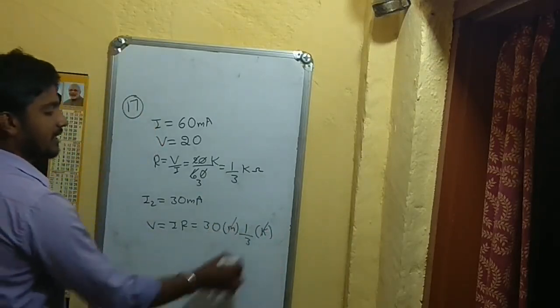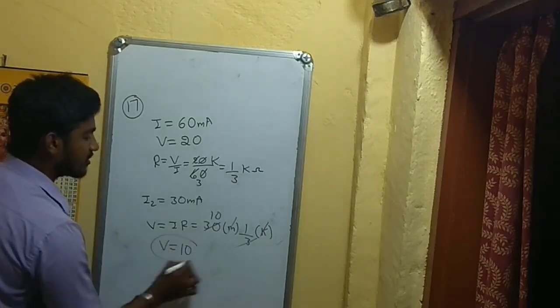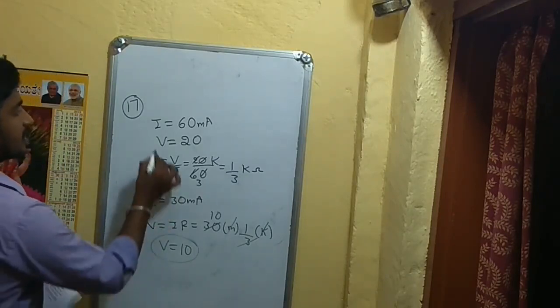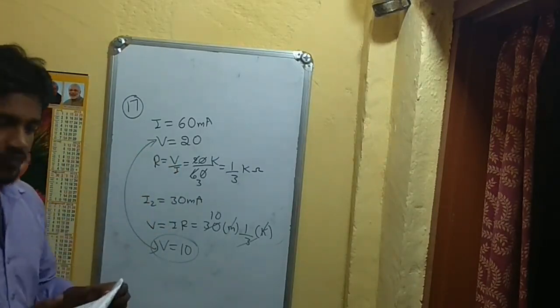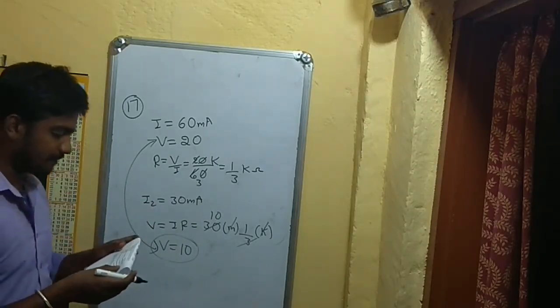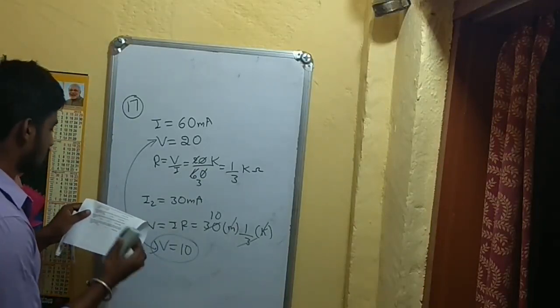Kilo and milli will get cancelled. 3 ones are 3, 3 tens are 30. Voltage will be 10 volt. What is the question asked? How much voltage has changed? Initially 20, now it is 10. Half of the voltage is varied, answer will be option A. 10 volt is varied.